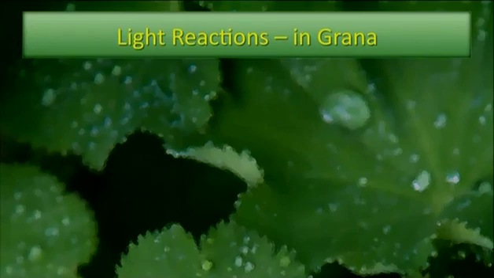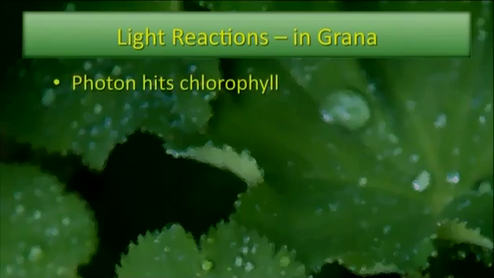I'll remind you that photosystems are an array of photosynthetic units, and photosynthetic units are made up of pigment molecules, 200 to 400, something like that. So in the light reactions, a photon, which is a packet of light energy. Remember that light is both a wave and also a discrete unit, known as a particle. And this particle is known as a photon.